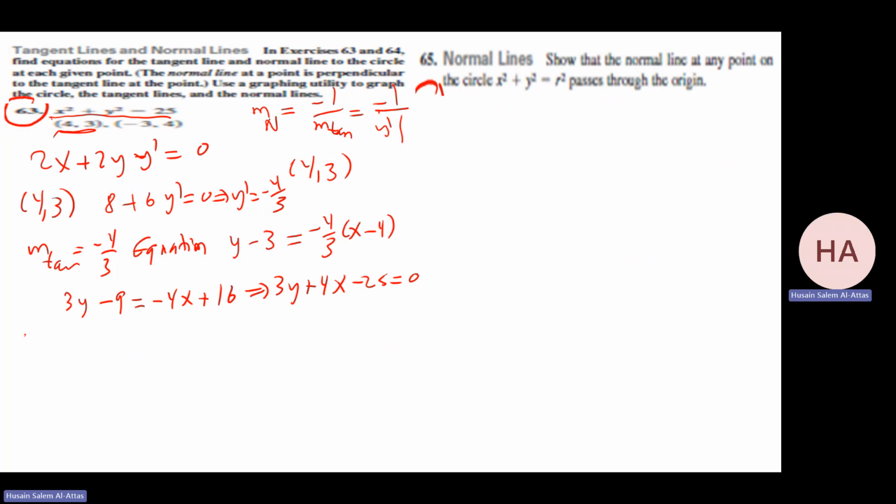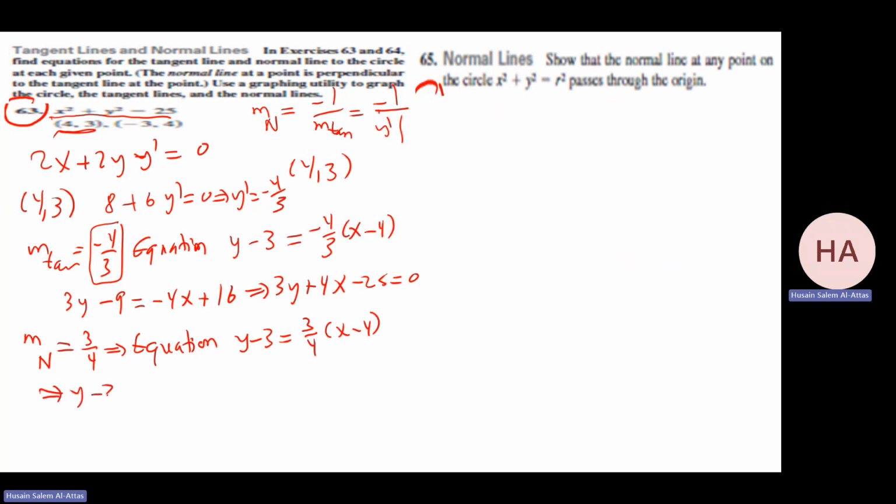For the normal line, m normal is minus 1 over this, so it's 3 over 4. The equation at the same point: y minus 3 equals 3 over 4 times x minus 4.